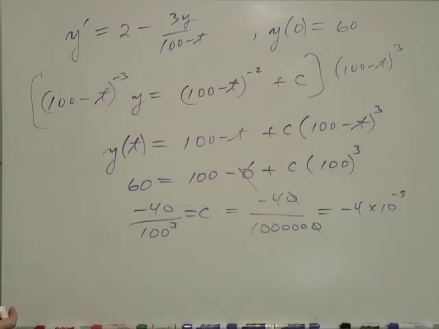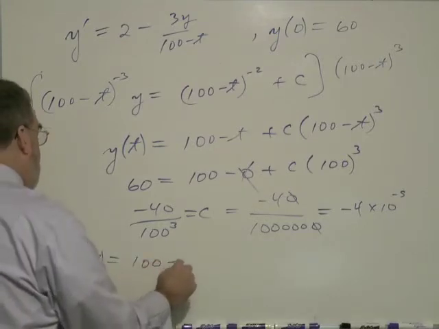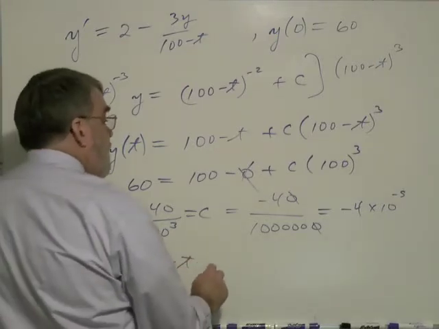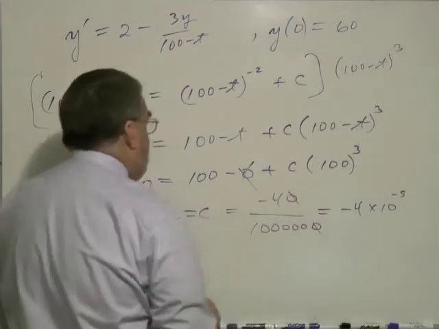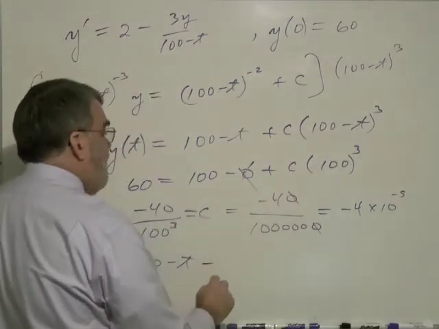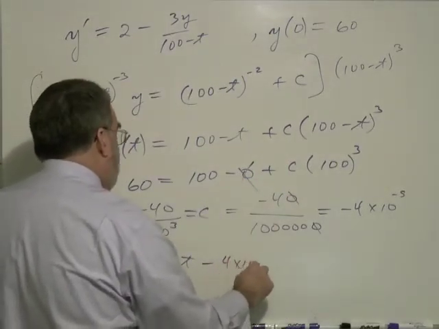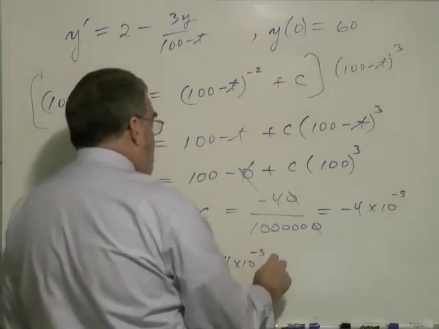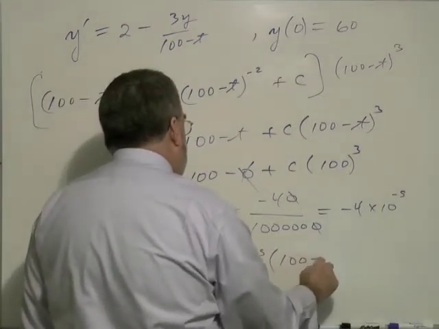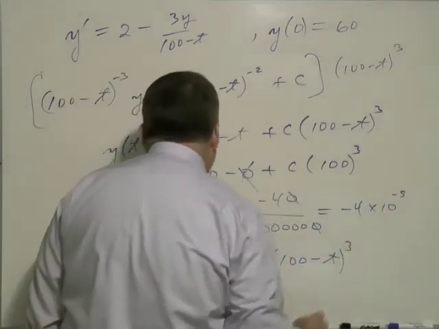Well, so now we can write our function. The amount of salt in the tank, y of t, will be 100 minus t, and then c is a negative number, so this is minus 4 times 10 to the negative 5th power times 100 minus t cubed.